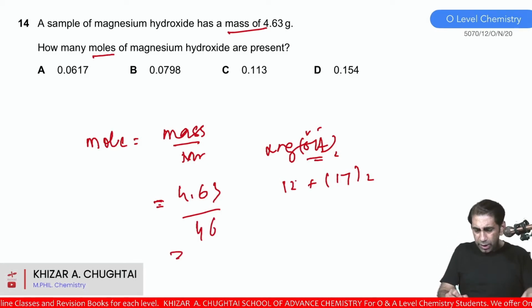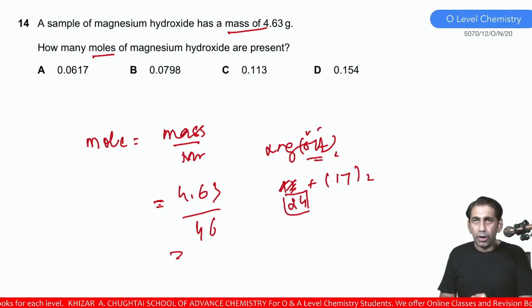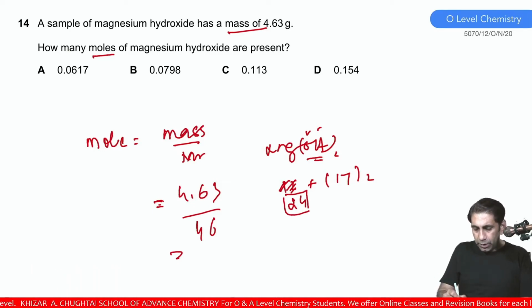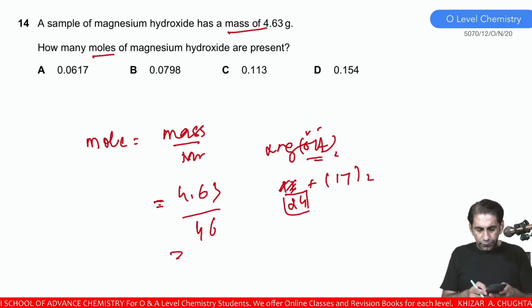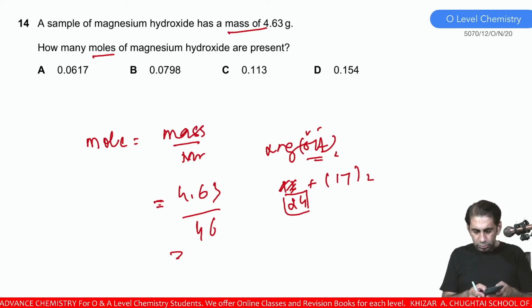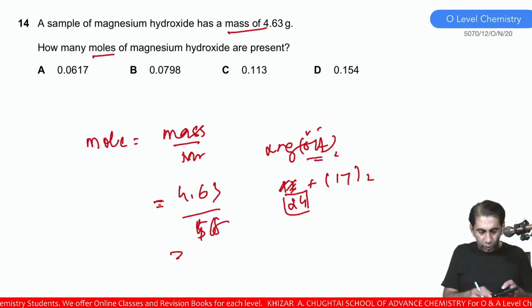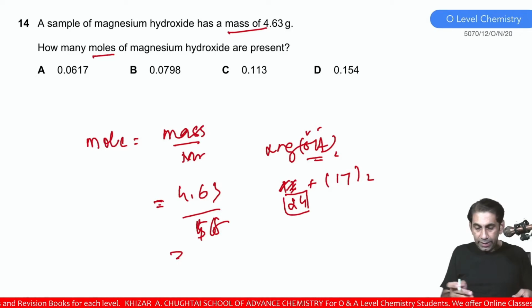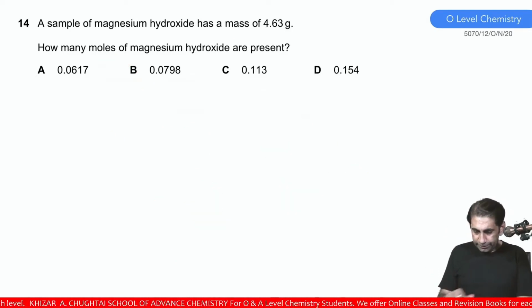Sorry, I'm really sorry, it's not 12, it's 24. The Ar of magnesium is 24. 24 plus 17 times 2 is 58, if I'm not wrong. 4.63 divided by 58 equals 0.798. B is the correct option. That is now the exact option.